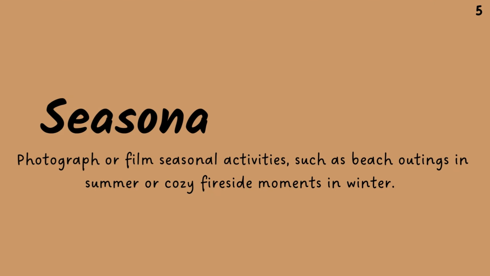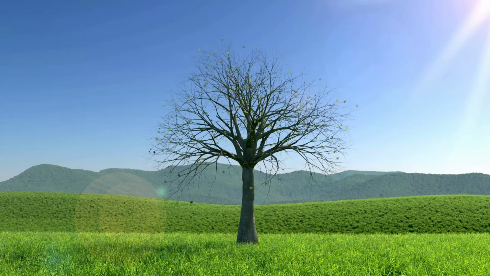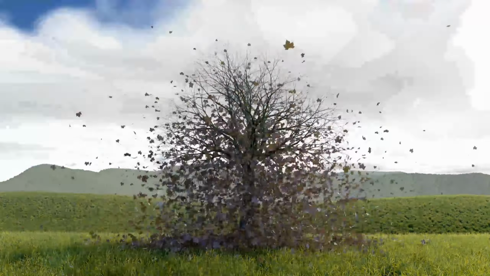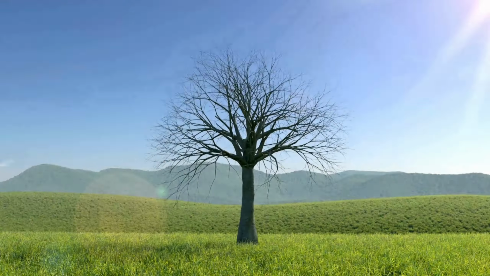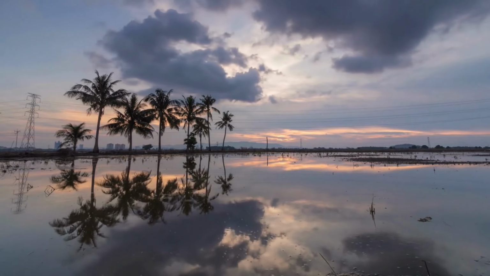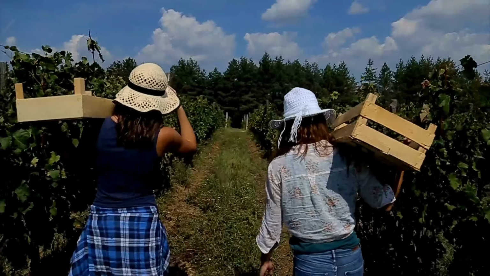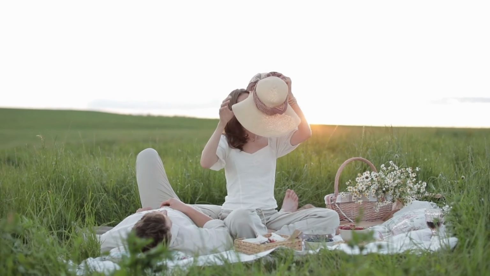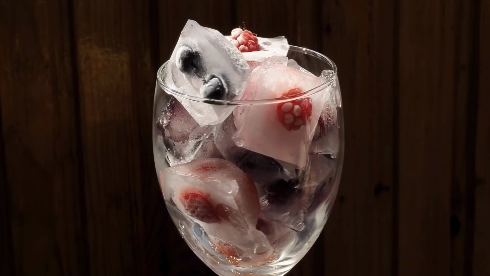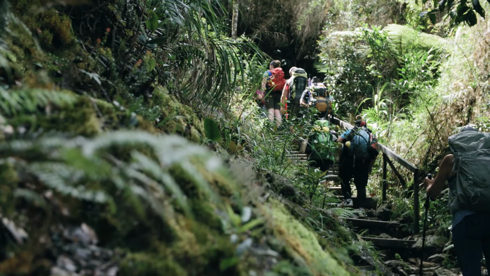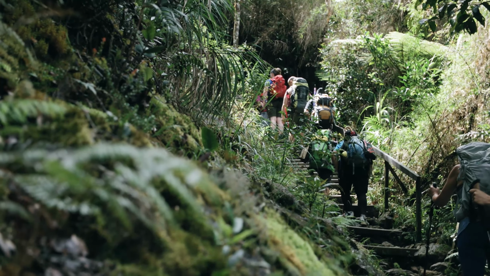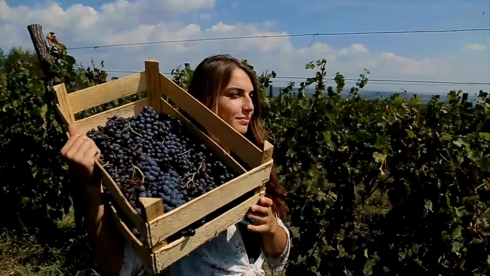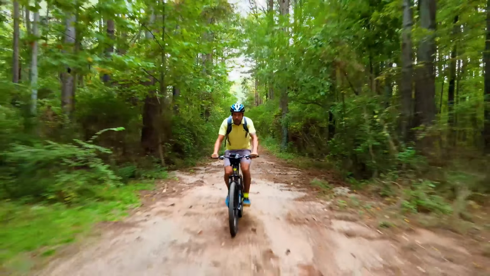The next one is seasonal activities, where you can capture different activities. It can be related to beach activities or farm activities. You can have tour visits to different places, or you can explore your own city and what things you can do in that respective season. For example, if it's rainy, you can go out, do cycling, visit some places, and watch how it rains.